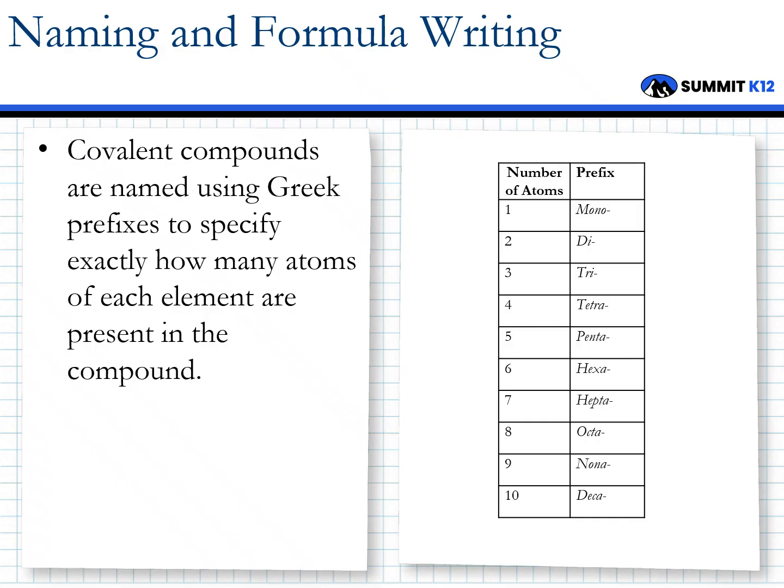So 1 is mono, 2 is di, 3 is tri, 4 is tetra, 5 is penta, 6 is hexa, 7 is hepta, 8 is octa, 9 is nona, and 10 is deca. I will give you a table on the test for you to look at, and you also have a copy of that in your notes.